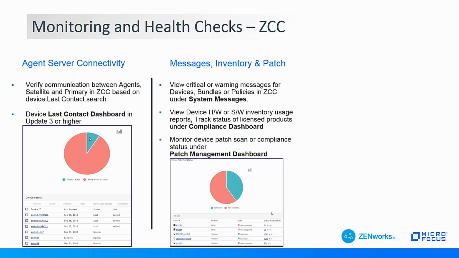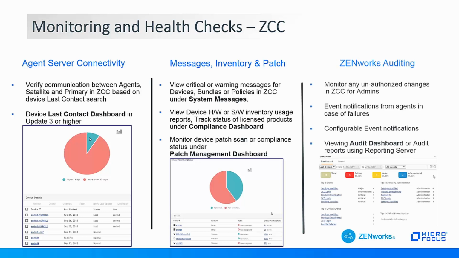Along with this, the patch management dashboard also provides device patch scans or compliance statuses. In 2020, this was enhanced with a CVE vulnerability dashboard to get a better understanding of the vulnerability of your devices in your zone and rapidly address zero-day vulnerabilities. So those are some of the go-to places to check for the dashboards and messages in the ZCC.